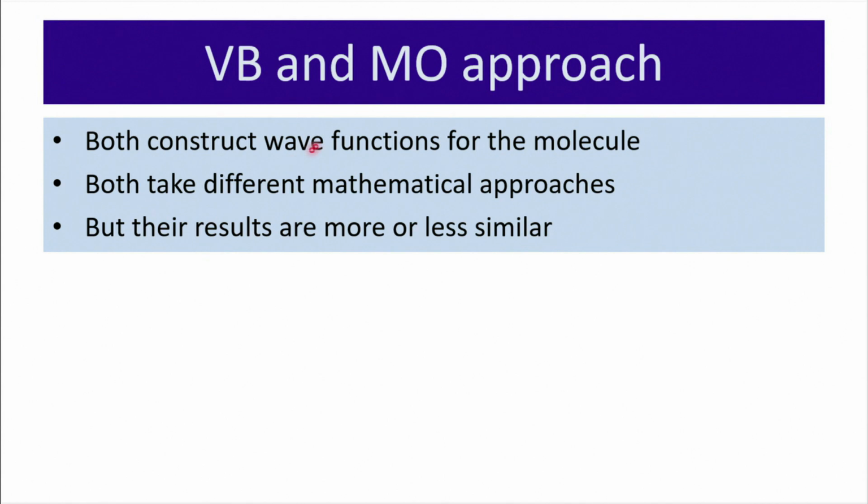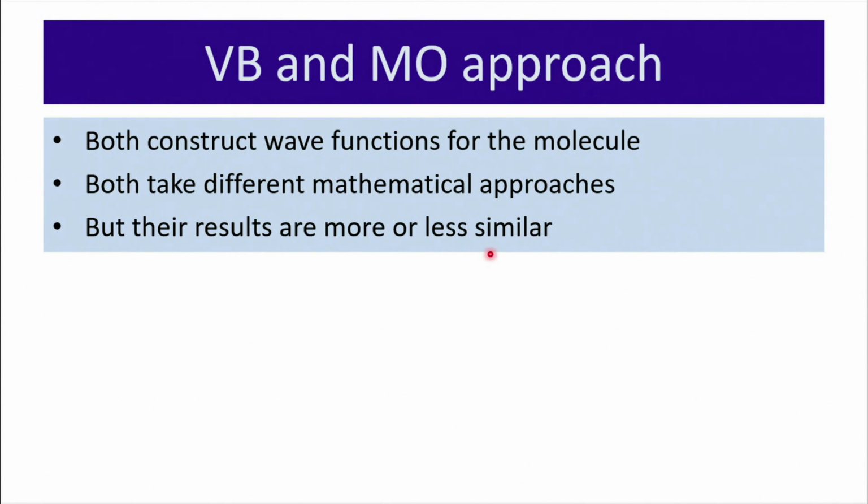What are the similarities between the VB and MO approaches? They both construct wave functions for the molecule. Both take different mathematical approaches, but their results are more or less similar.